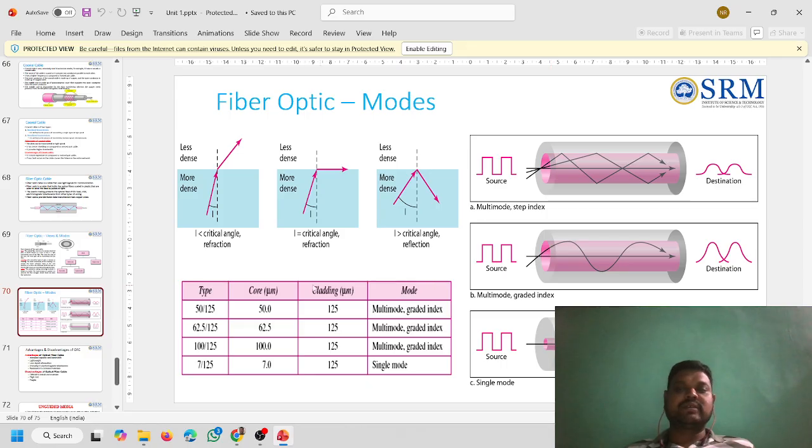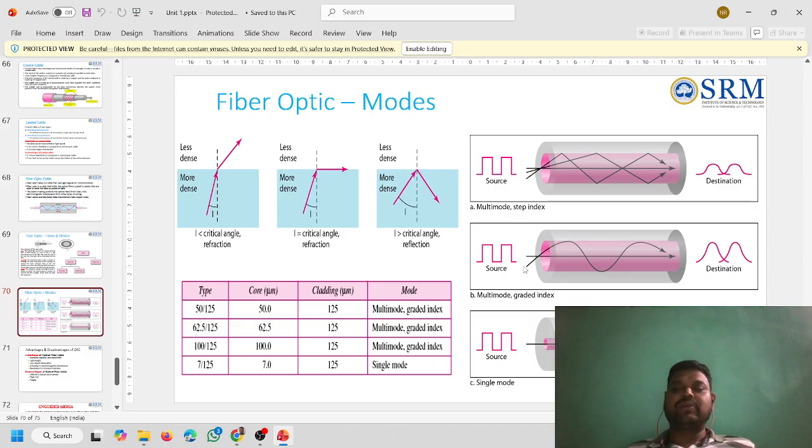As we discussed, it supports single mode and multi-mode transmission. On the right hand side, in single mode, the signal passes in only one direction, or one path.